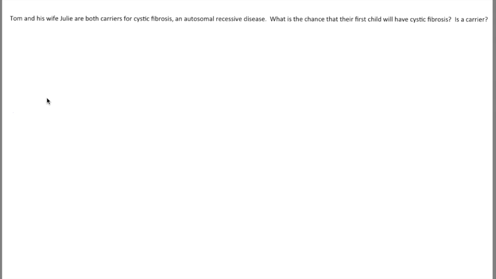So for this one, I'm going to go ahead and use the letter D for my alleles here. So let's look at terminology here. The gene here is cystic fibrosis.